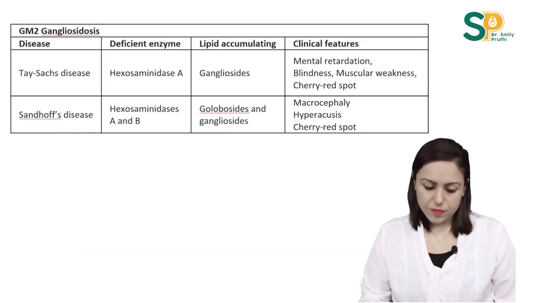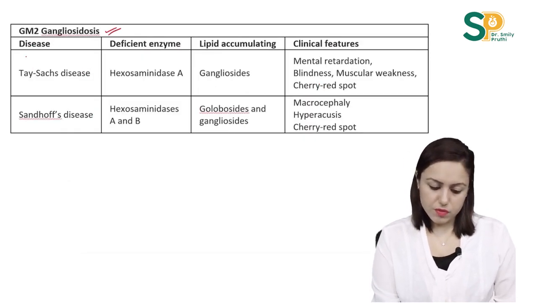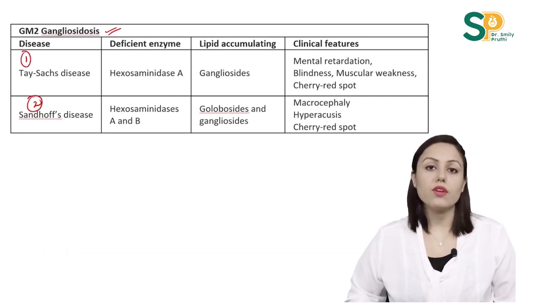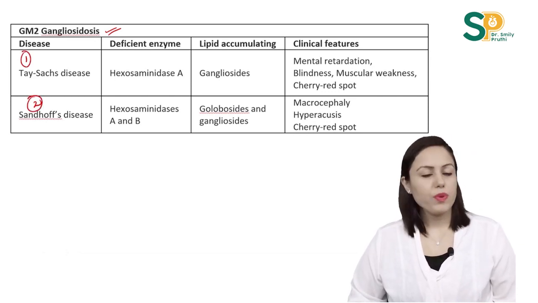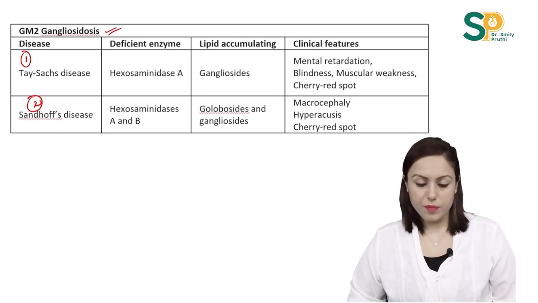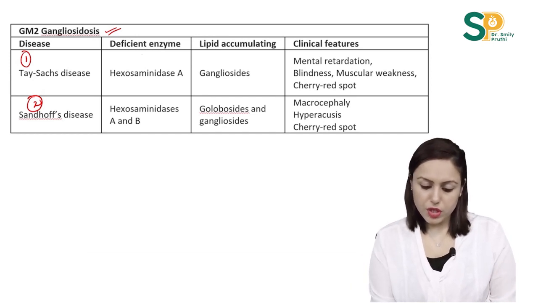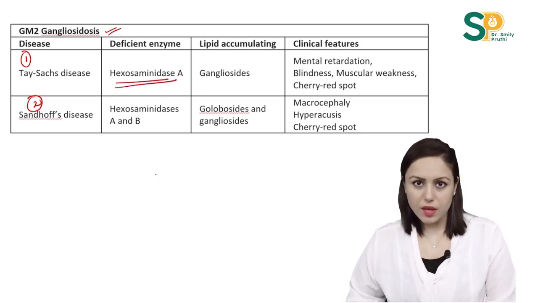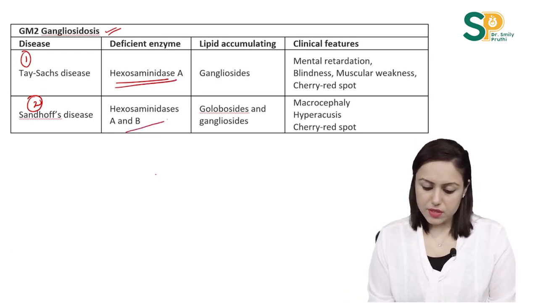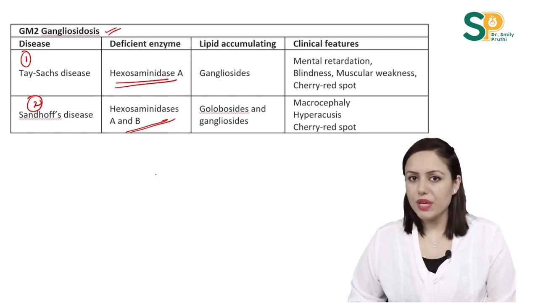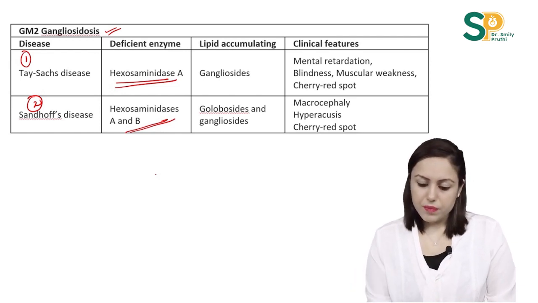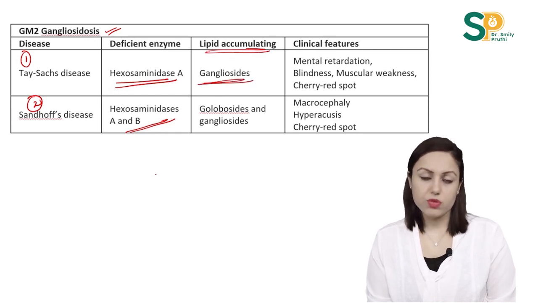So have a look. GM2 gangliosidosis, one is Tay-Sachs disease, the other is Sandhoff's disease. In both, the primary organ affected is the brain, right? Now, the deficient enzyme in Tay-Sachs disease is only hexosaminidase A. But in Sandhoff's disease, it is hexosaminidase A and B both. Then which is the lipid accumulating in them? In Tay-Sachs, only gangliosides, that is GM2 gangliosides.